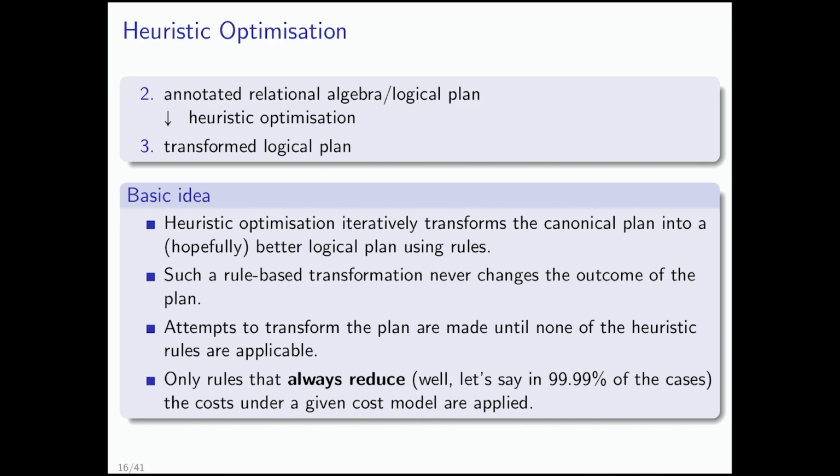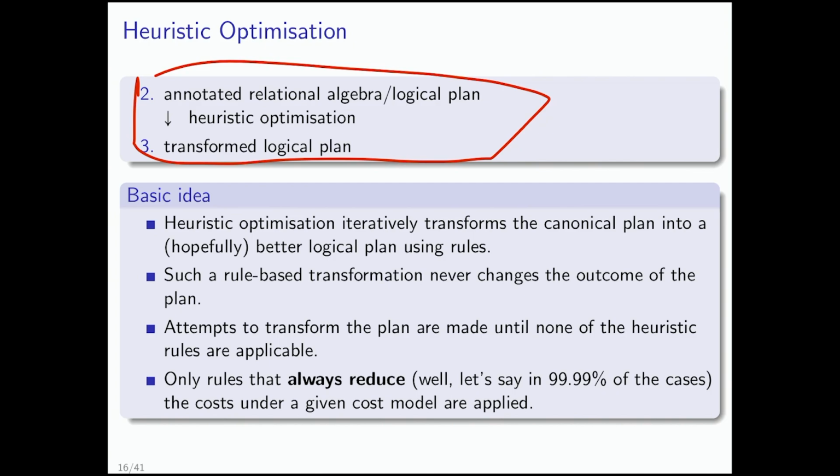Okay, but back to heuristic optimization. Now, as we have cost models defined, or the costs of a plan, that give us at least a basic feeling for what a good plan and a bad plan is, because somehow in the back of our heads we have this cost function, no matter how that is defined. Now we want to get from this annotated relational algebra, or logical plan, to a transformed logical plan.